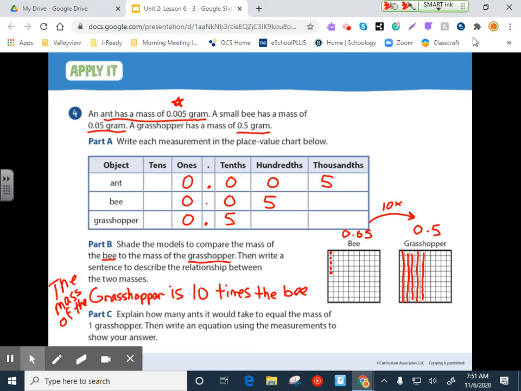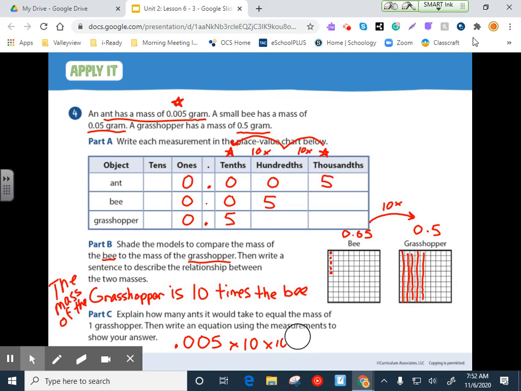And part C, explain how many ants it would take to equal the mass of one grasshopper. That's actually not as difficult as it seems. You take that's your mass of an ant. And since thousandths here for the ant and the grasshopper's the tenths, that's 2 away from each other. That's 2 hops. Aha, pun intended. So multiply that by 10 and by 10.